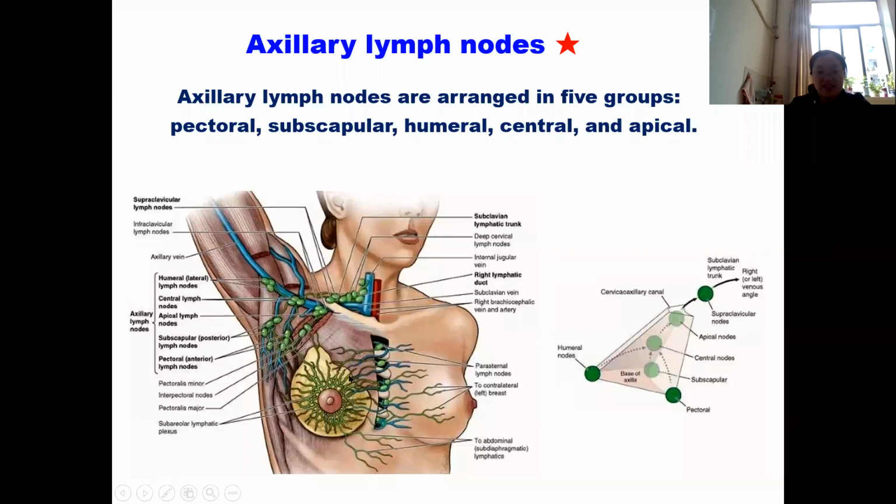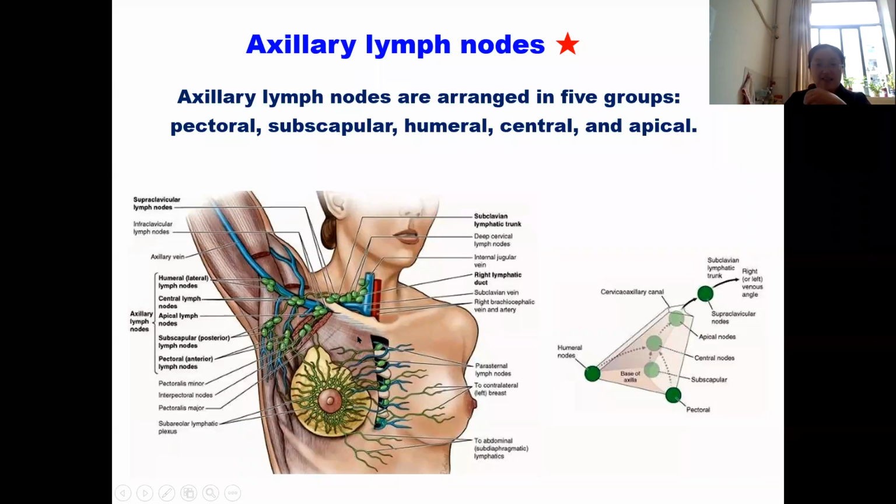Why do we mention them? The axillary lymph nodes drain the lymph from most of the mammary gland, the anterior wall of the thoracoabdominal region above the belly button, and the posterior wall of the thoracoabdominal region above the belly button. So for the axillary lymph nodes, we still need to review this.